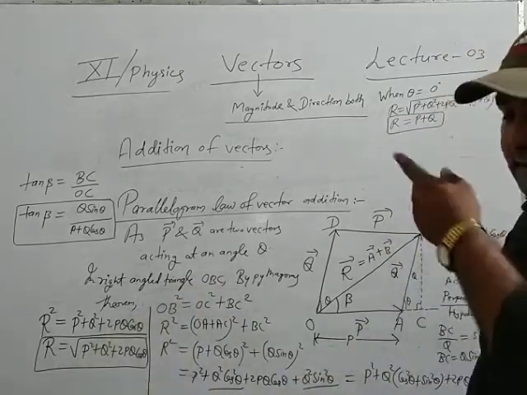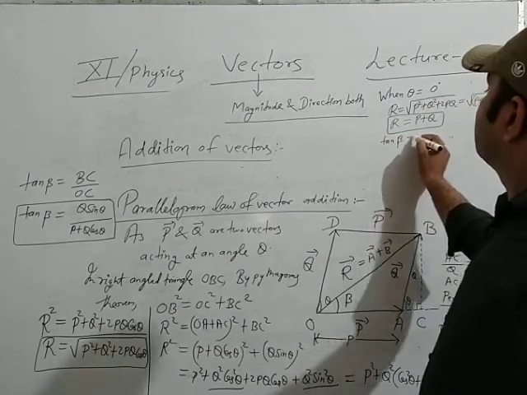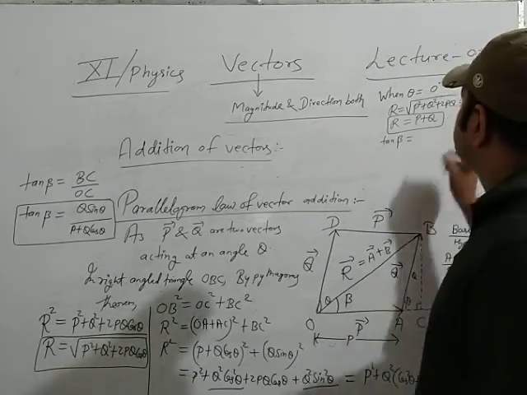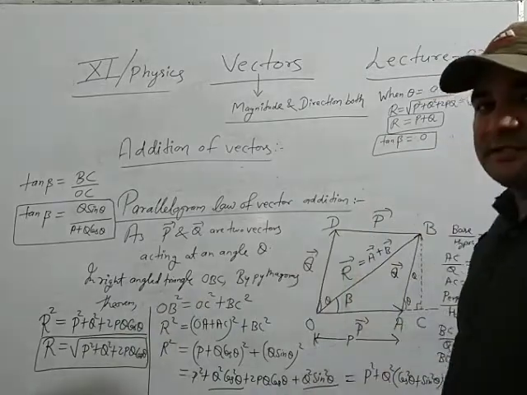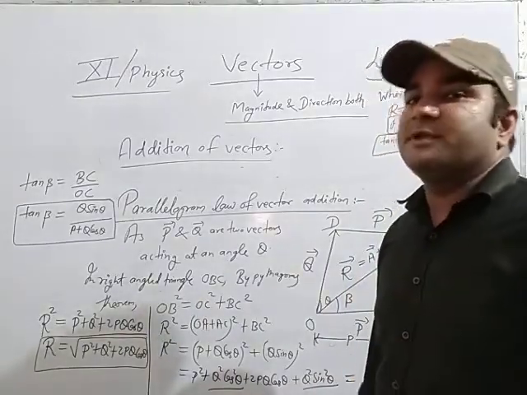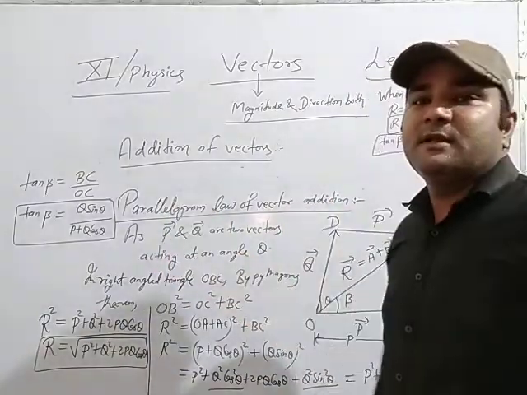And for the angle, tan beta is equal to Q sin 0 upon P plus Q. Sin 0 means what? 0. It means the resultant acts along the same direction as the direction of P and the direction of Q. Because both are in the same direction, the resultant will also be in the same direction.